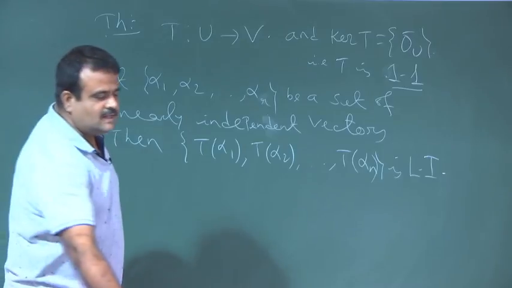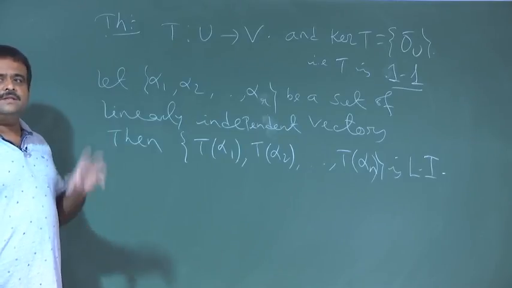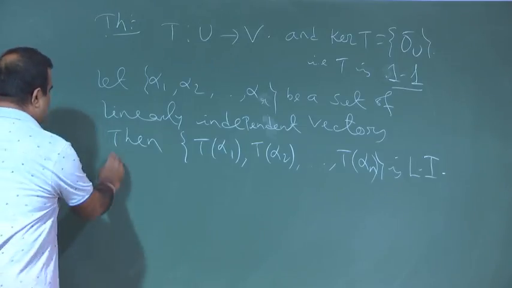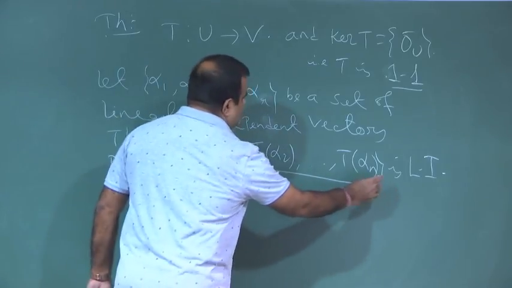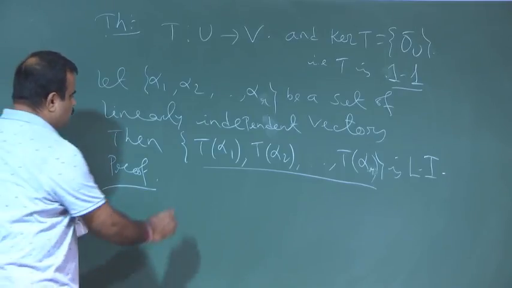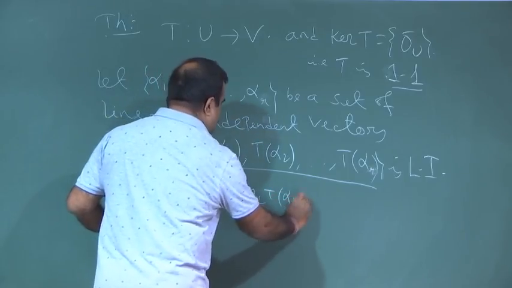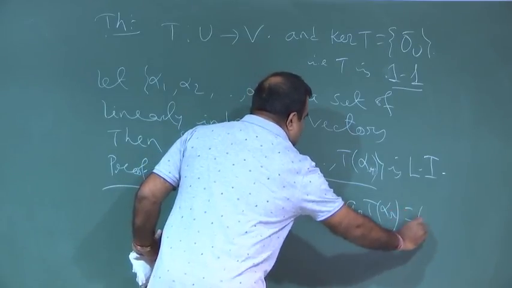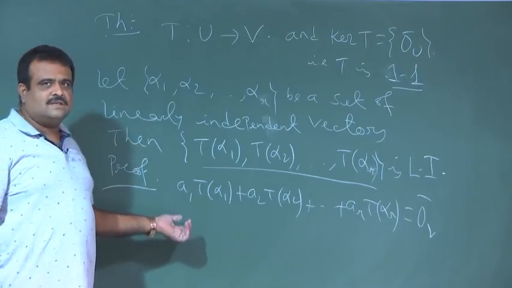So, if you take a linearly independent set of vectors in U and T is 1 to 1, then it will give us a linearly independent set of vectors in V. How to prove that? To prove this is linearly independent, we need to take a1 T of alpha 1 plus a2 T of alpha 2 plus up to ar T of alpha r to be the 0 vector in V, and then show that all these ai's must be 0.